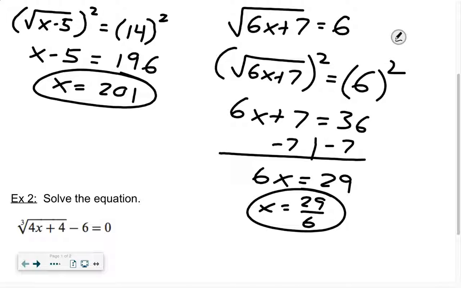Just know some of the problems will not come out to be nice whole numbers, so if you get a fraction, you might want to go back and double check your work, but it will happen from time to time.